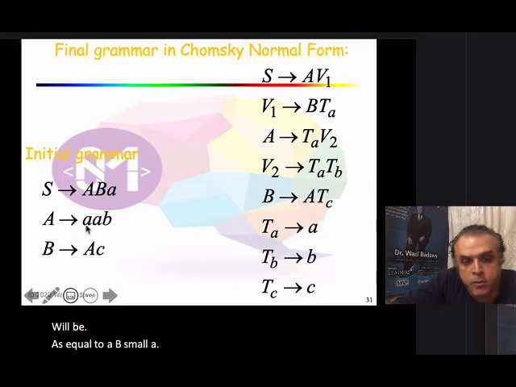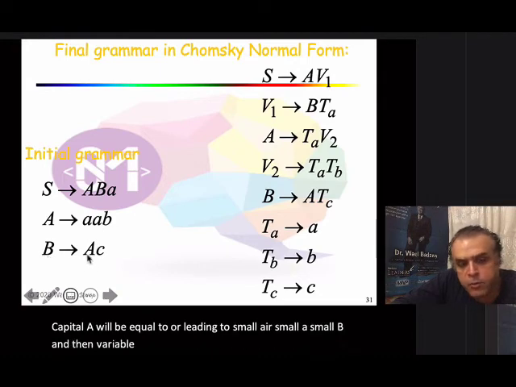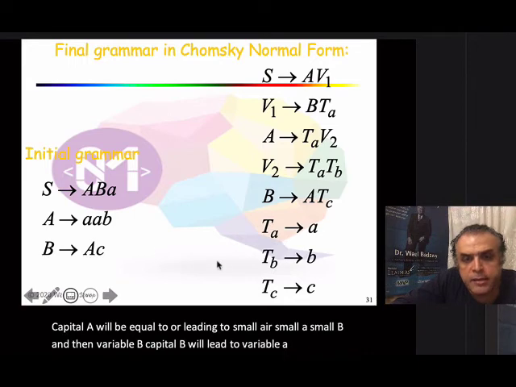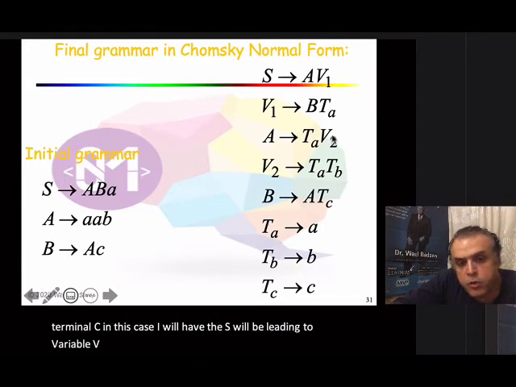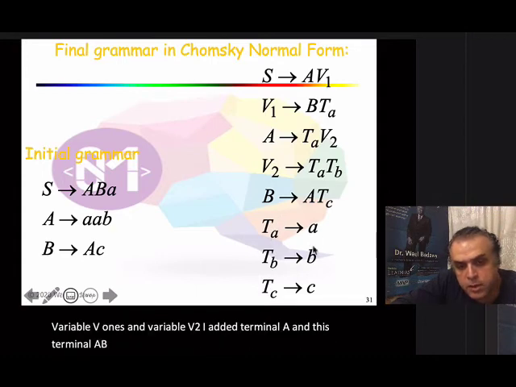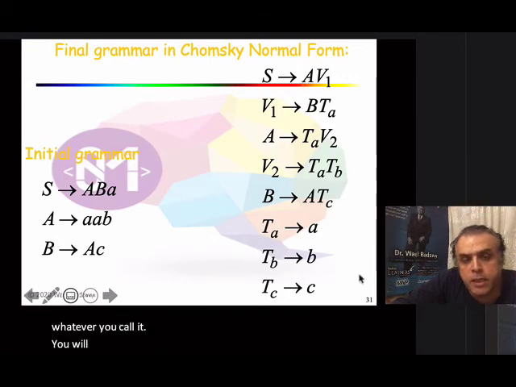Capital A leads to small a, small b, and capital B leads to variable A and terminal c. In this case, S will lead to the variables V1 and V2. I added the terminals TA, TB, TC, which lead to the terminals a, b, and c. By introducing these temporary or dummy variables, you obtain the Chomsky normal form.